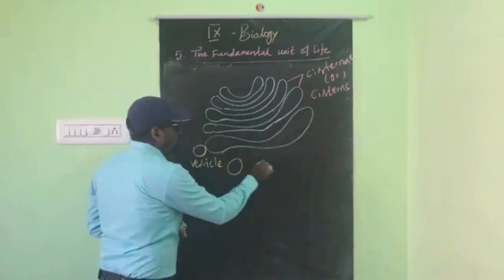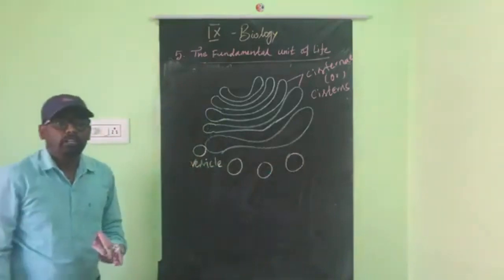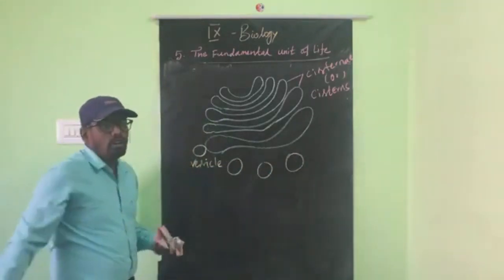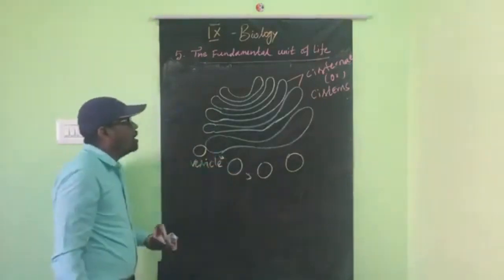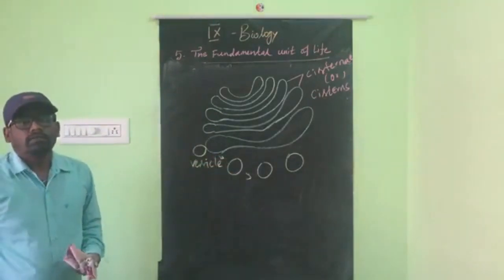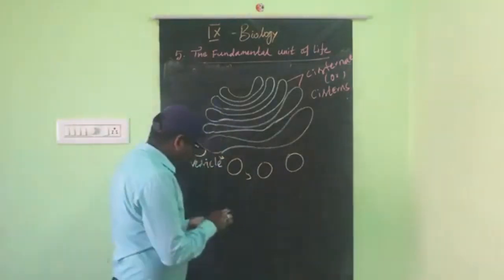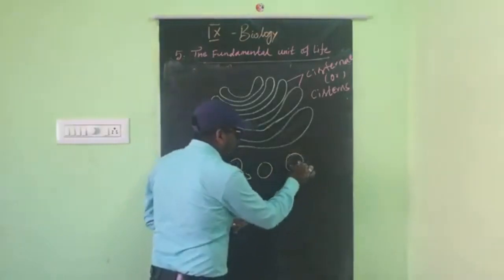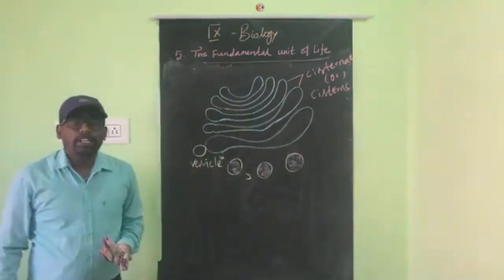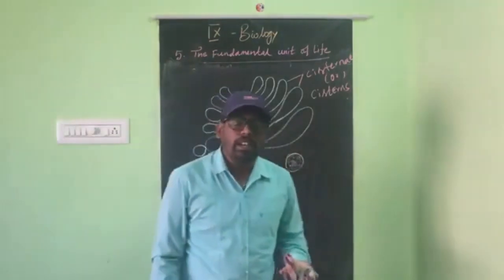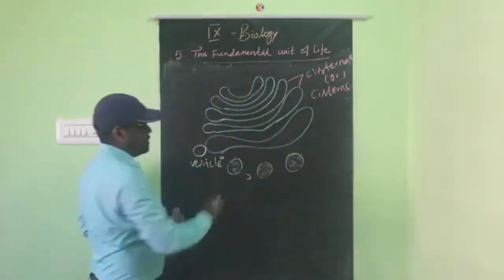So the vesicles are released from the Golgi apparatus when it is matured, and survive separately. These vesicles store many materials, many substances, that may be enzymes or any other substances, inside these vesicles.